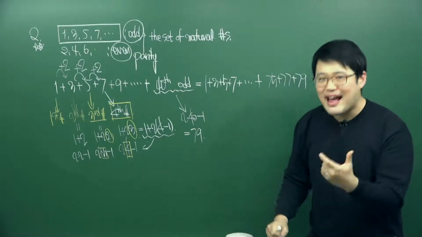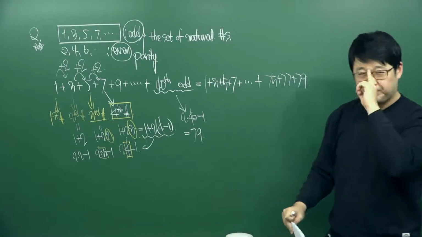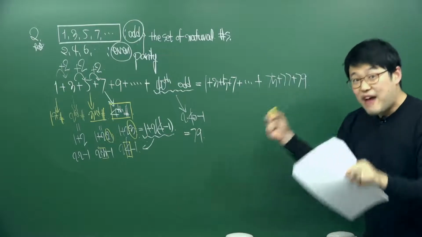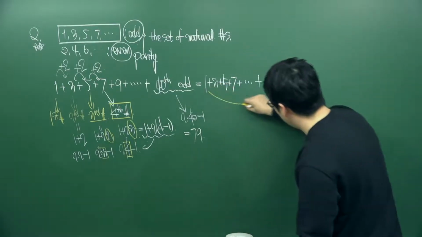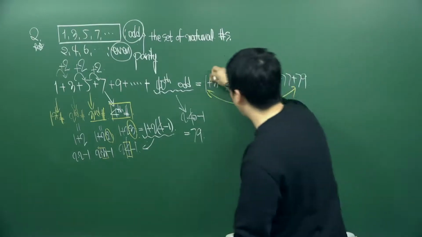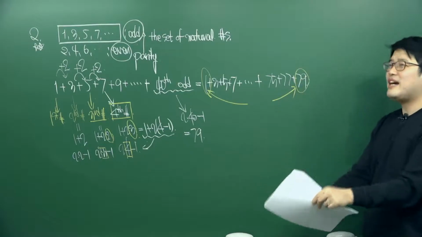I said when adding numbers, order doesn't matter, and how we group them doesn't really matter. Yes? Check this out. In fact, we can group the first and the last number together, which is going to be what? 1 plus 79, that's 80.